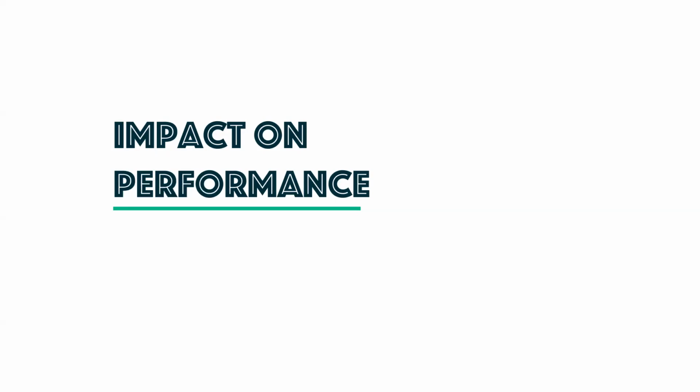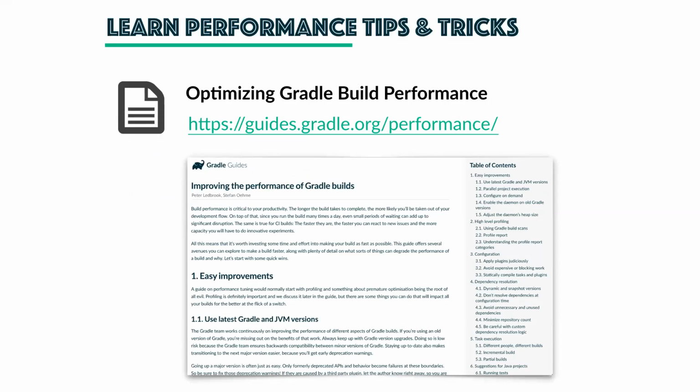Try to not put in too much code that is being run during the configuration phase of the Gradle build lifecycle, because that's always being run when you execute a build. Try to move as much as you can into the actions of a task that should be provided by the plugin. So keep that in the back of your mind once you get started with writing plugins. There's a pretty good guide on improving and optimizing Gradle build performance.